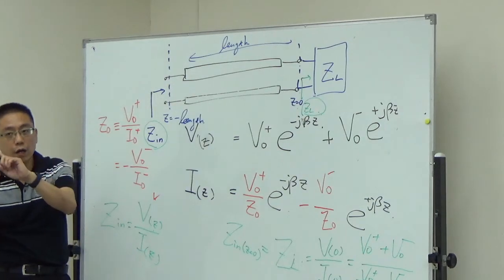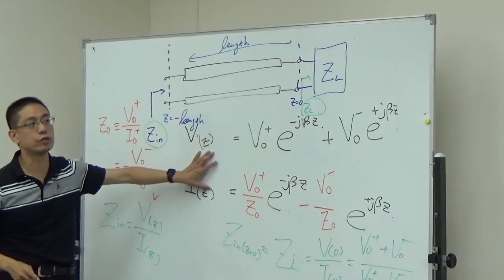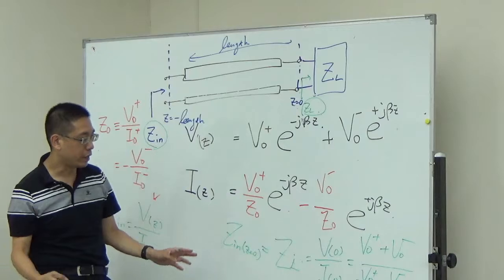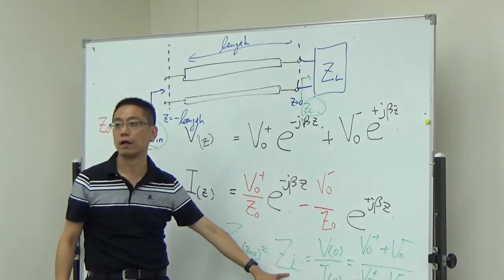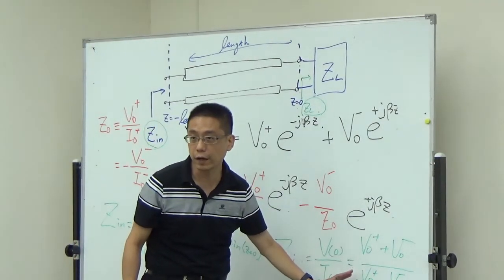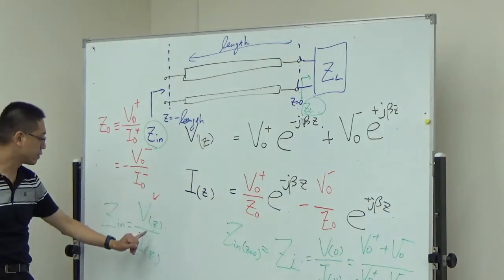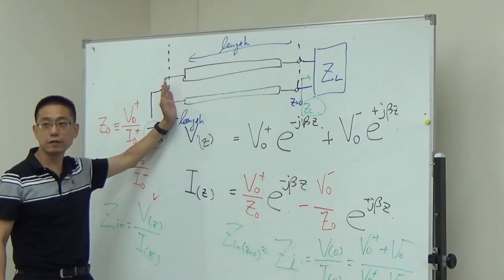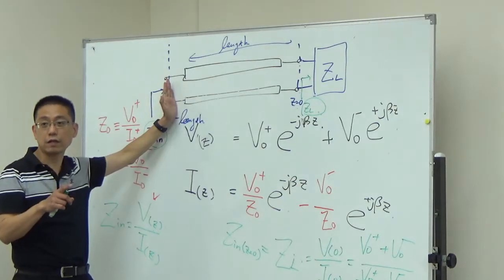So there are two equations we can derive from these structures. The first is what is ZL? That is this one. The second is what is the new impedance somewhere at the position z.